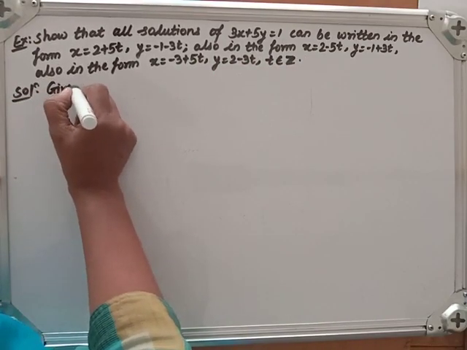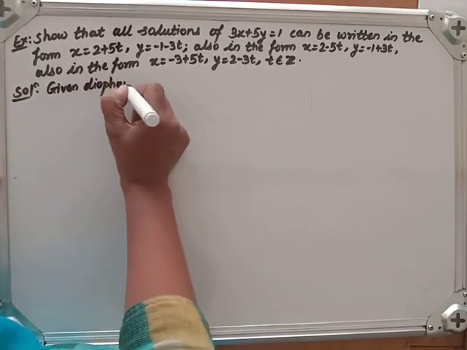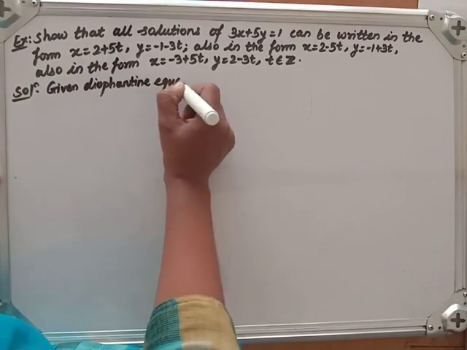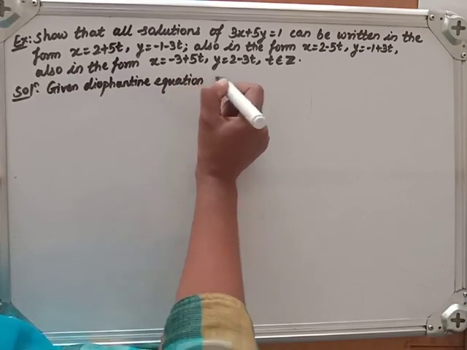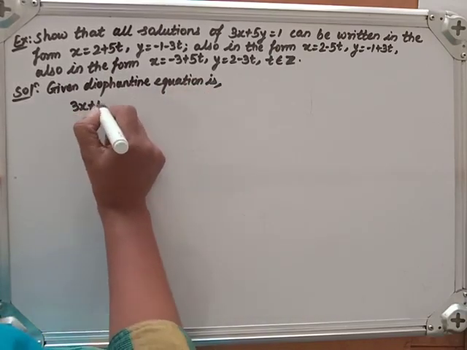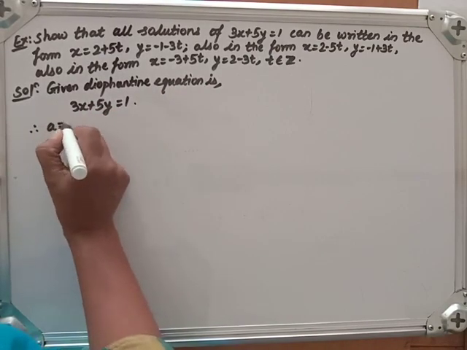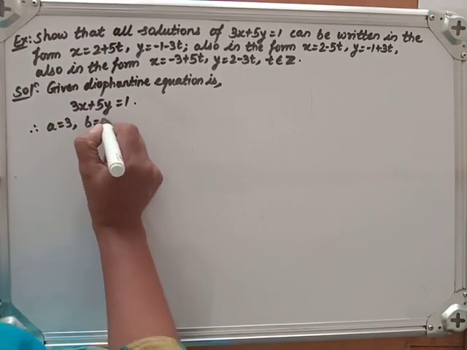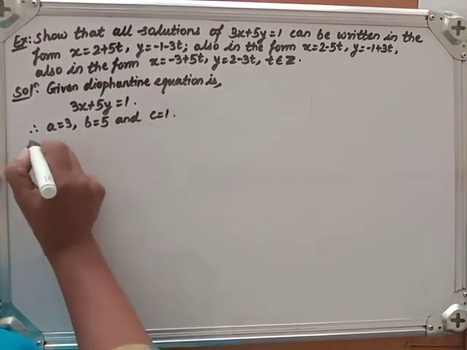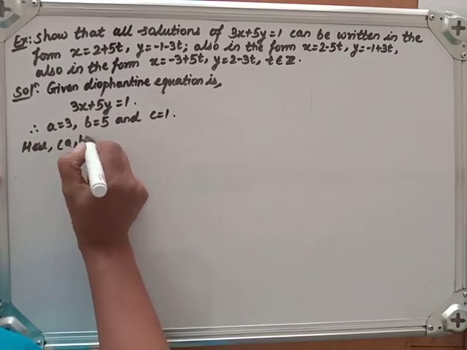Given Diophantine equation is 3x plus 5y is equal to 1. Therefore, a is equal to 3, b is equal to 5 and c is equal to 1. Here, the GCD of a and b is what?